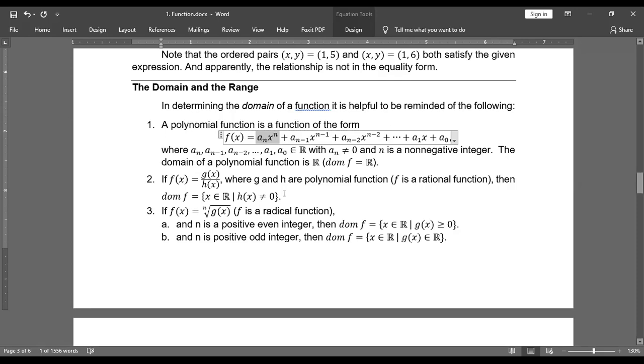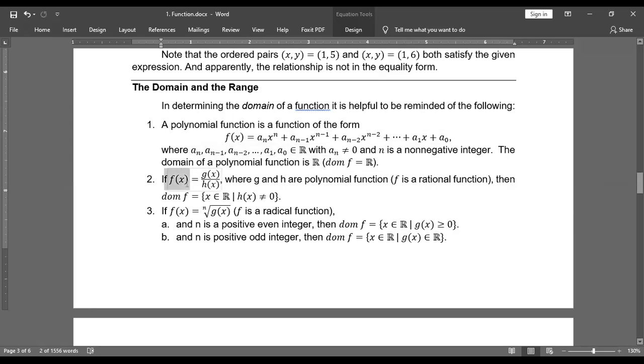And the domain of the polynomial function is the real number. So always take note of that. The domain of any polynomial function is equivalent to the real number. The domain of f is equivalent to real number. Ibig sabihin, the graph of any polynomial function will pass through every value of x in the x-axis. Yun yung ibig sabihin niya.